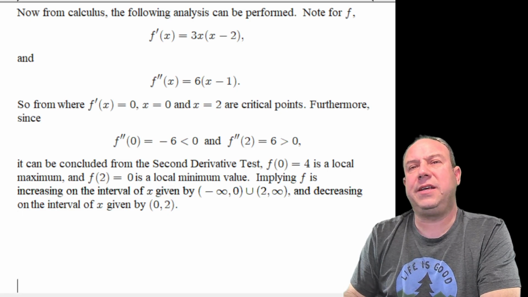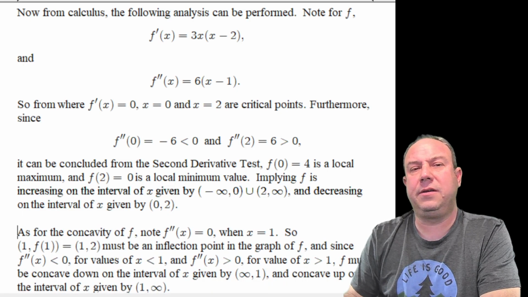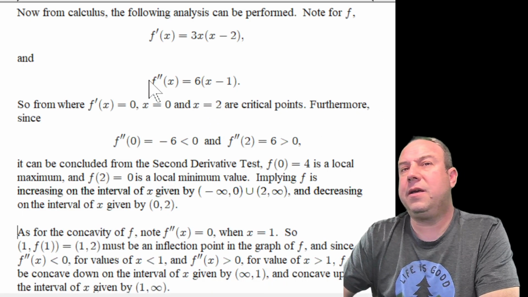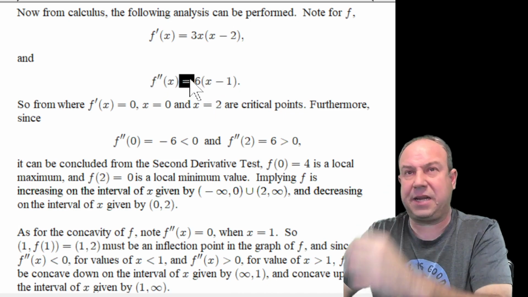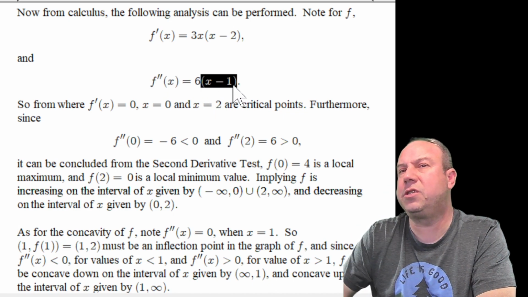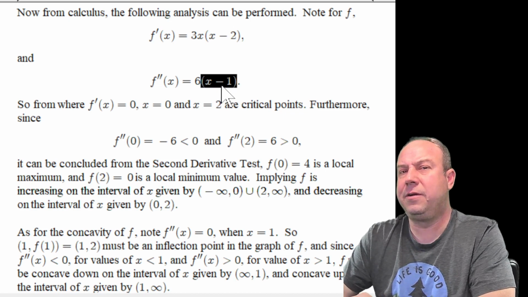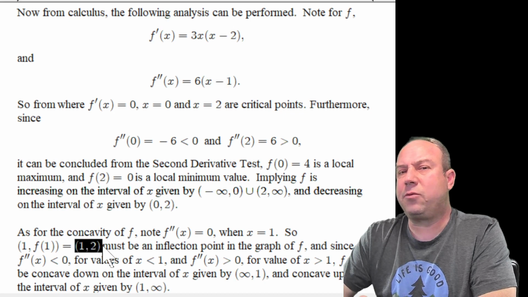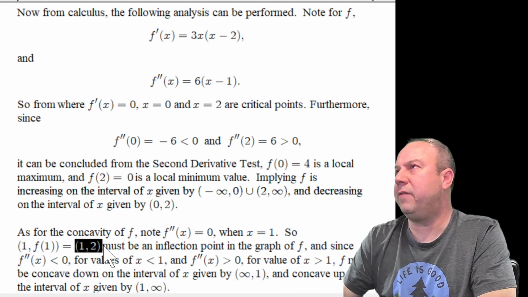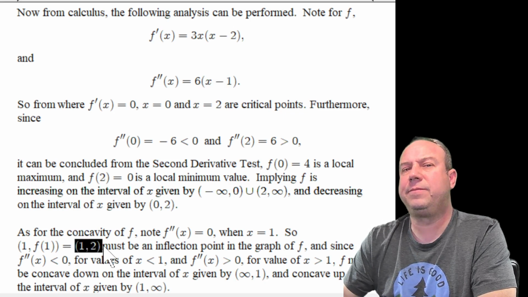Furthermore, what we can see is our inflection point and our intervals of concavity come from setting f double prime equal to 0, which is going to give us an inflection point at x equal to 1 from the second factor. In fact, 1, 2 is going to be our point of inflection in this graph.